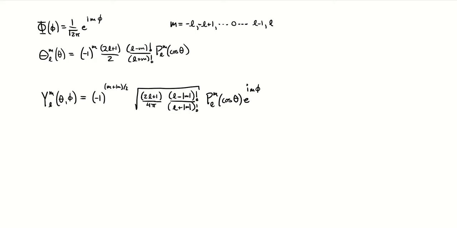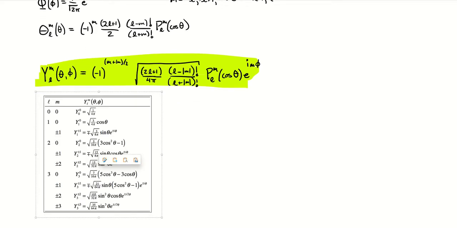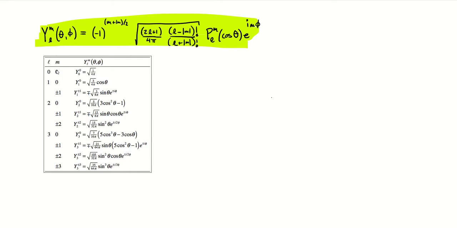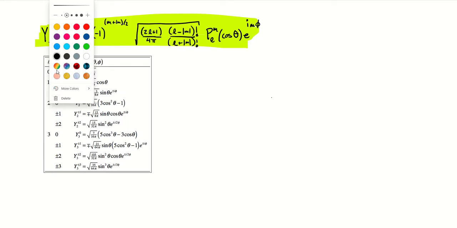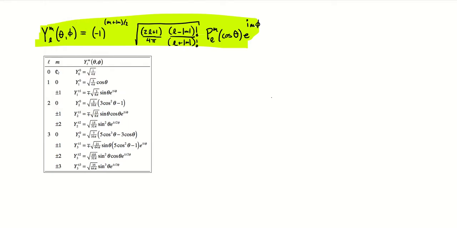So this is what we're looking at for our angular dependence of our hydrogen wave function. The first few terms of these look something like this for given l and m values. And these have a lot of the properties we expect from eigenfunctions of any Hermitian operator.